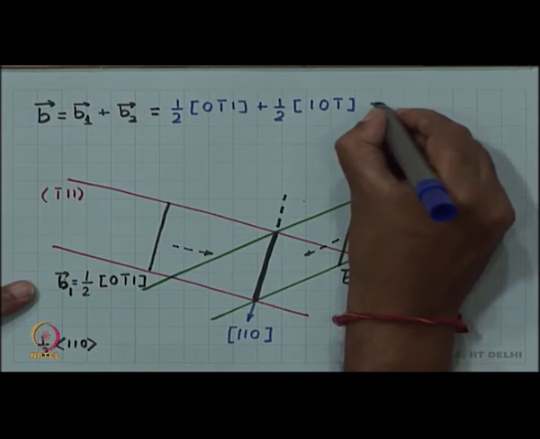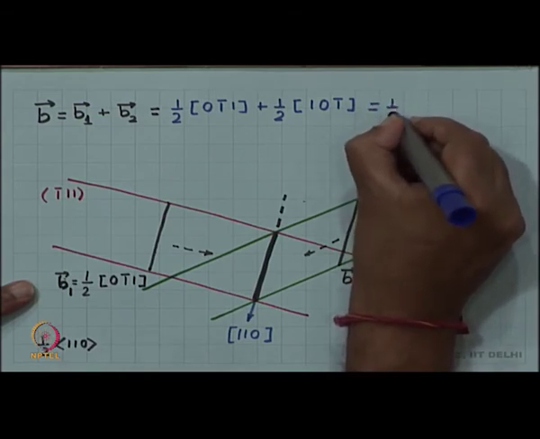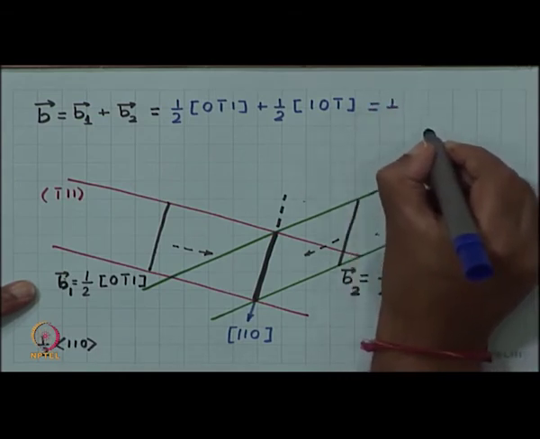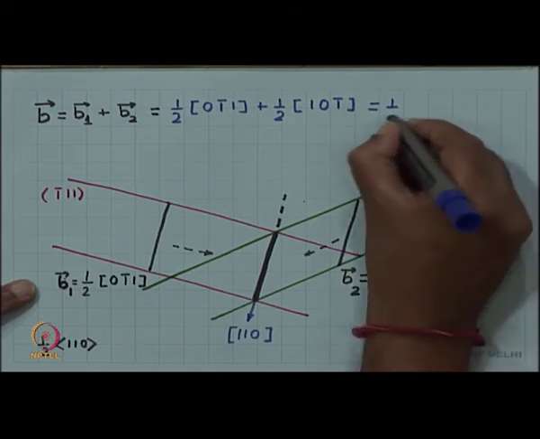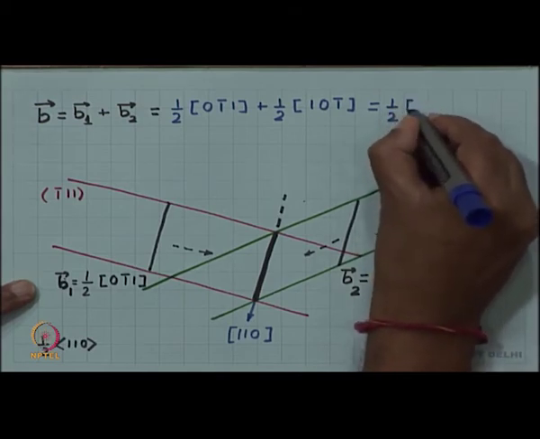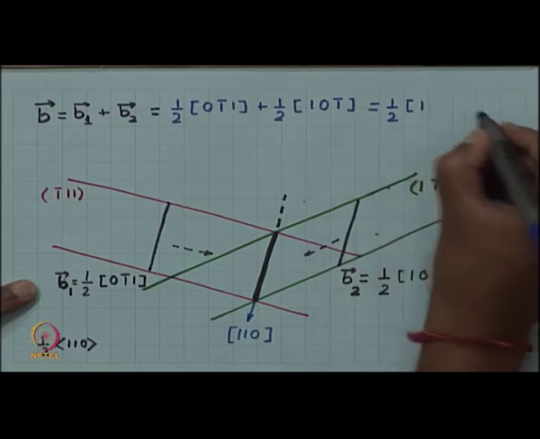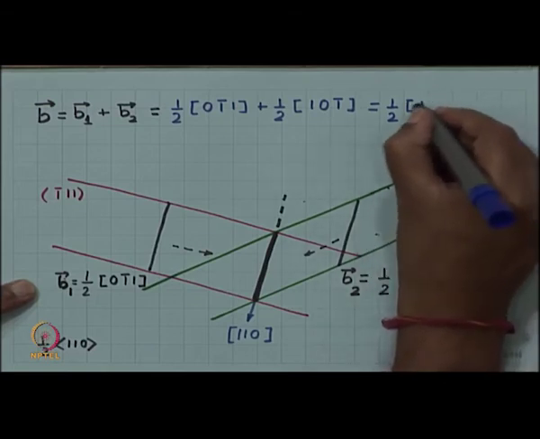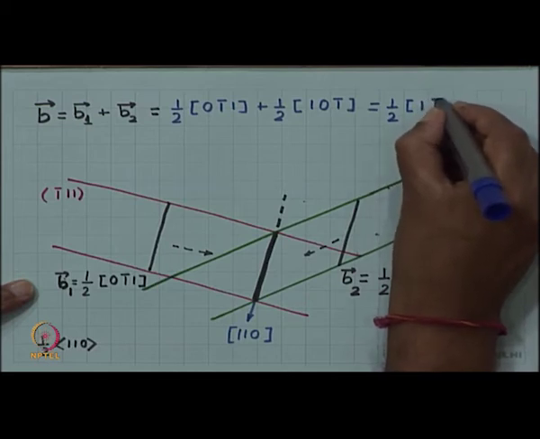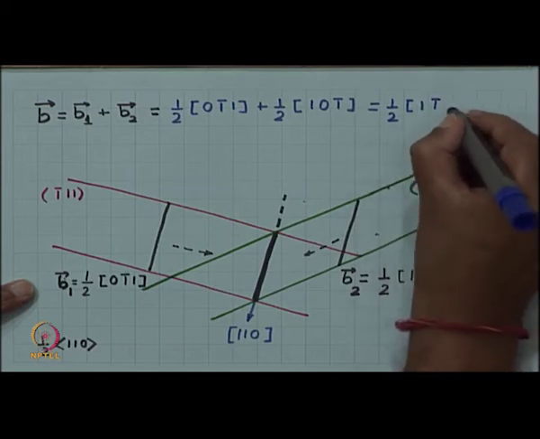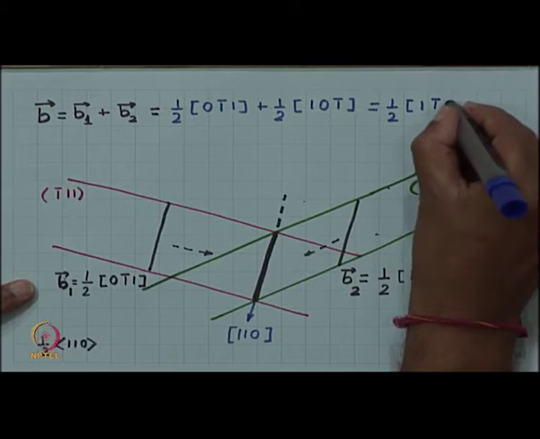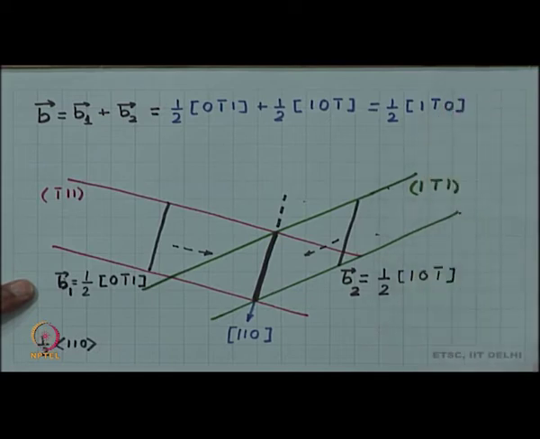If you add these two vectors, you will find that the new vector is half 1 bar 1 0.